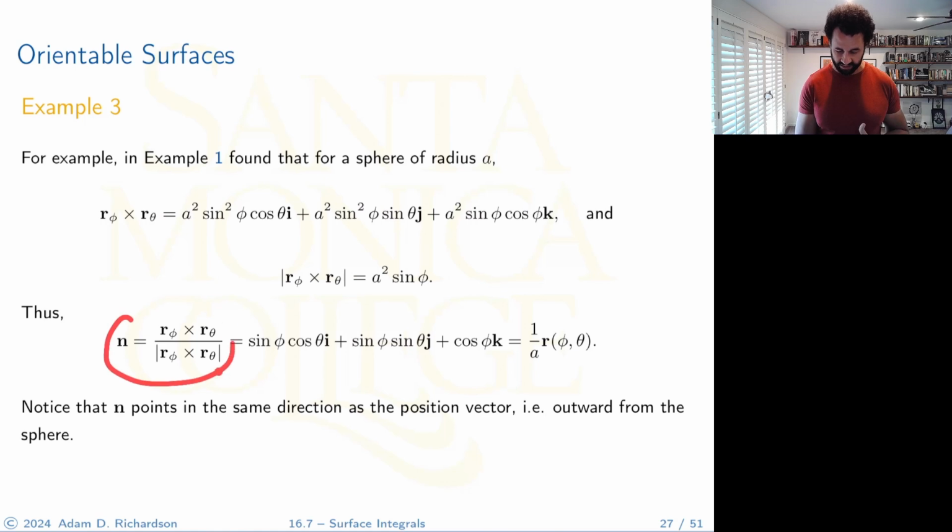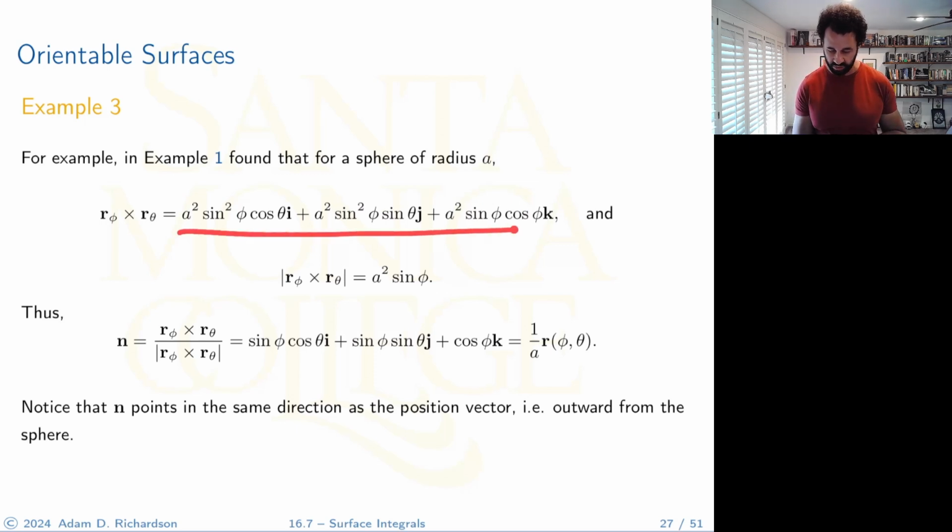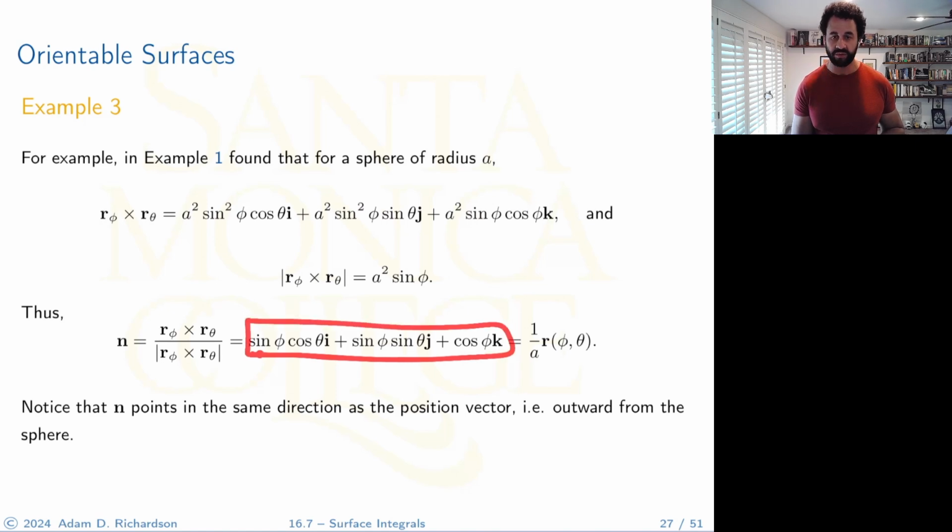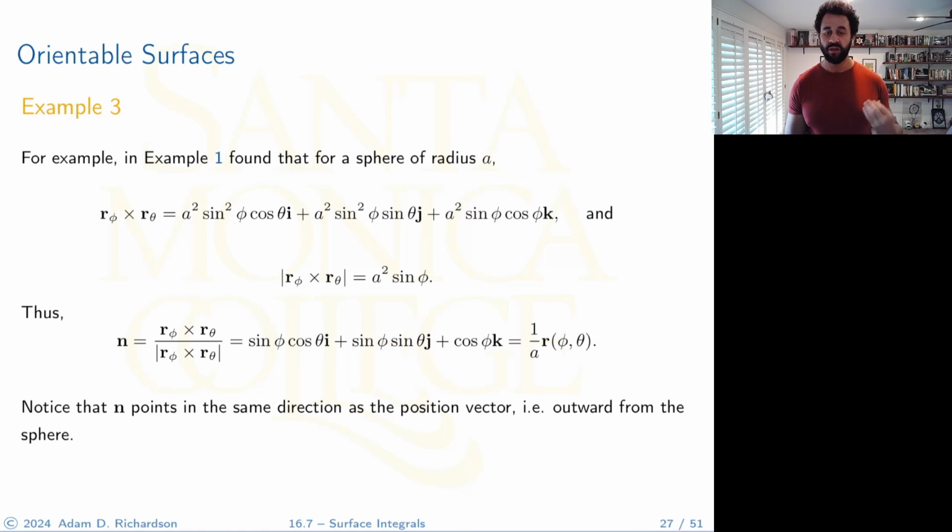I will leave you to do these calculations. They're not too hard to do, but just divide this by this, and you'll see that you end up getting this, which is nice because this is actually the same thing as the original spherical parameterization, but with a removed. So we divide it by a. So in other words, the outward unit normal vector to a sphere is given by this formula right here.